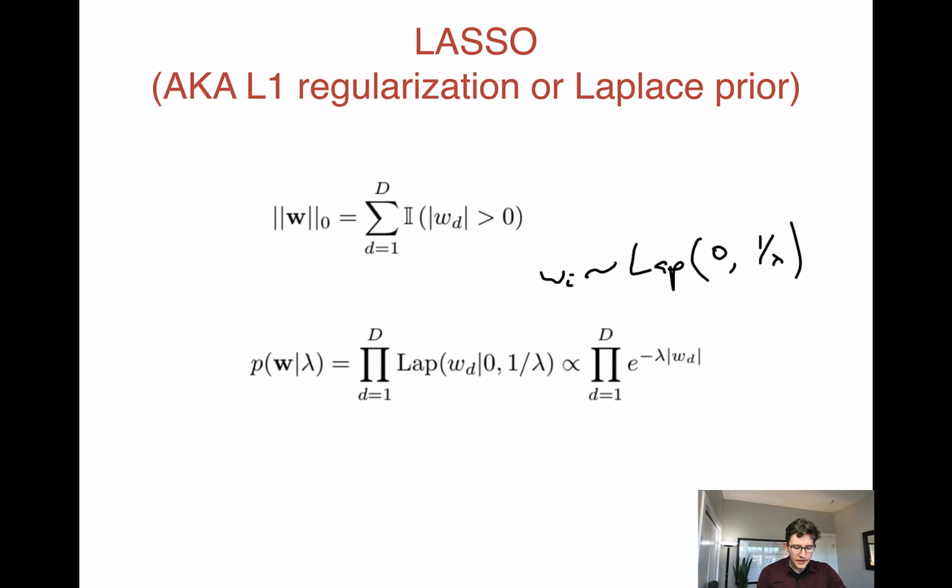So this distribution, the Laplace distribution, is one that goes according to exp of minus lambda absolute value of W. So another way to write this is we want to minimize the one norm of W, which is the sum of absolute values of W. I should have, by the way, written d here, just to be consistent with notation instead of i.